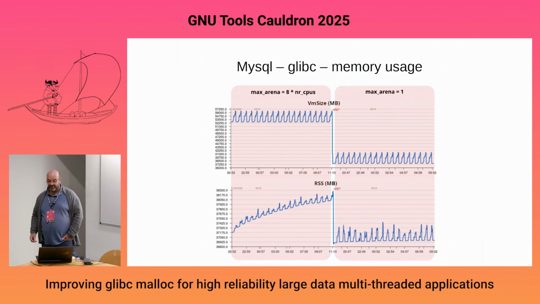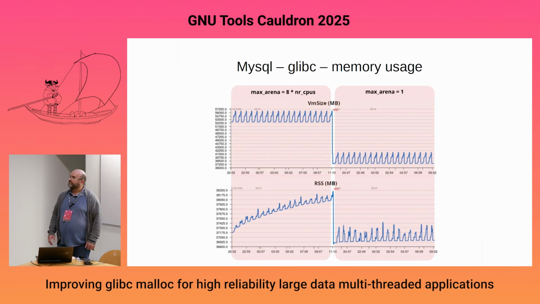The one that popped to my eye was really the VM size, which in glibc was huge, and this is because of all the arenas that it was creating with the default parameters, right? It was allocating way more memory than you actually would use in the end. But it created the side effect that the RSS would not stabilize. Somehow there was some sort of fragmentation there or internal leak that would keep growing and growing the RSS.